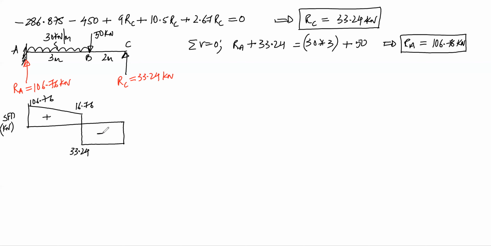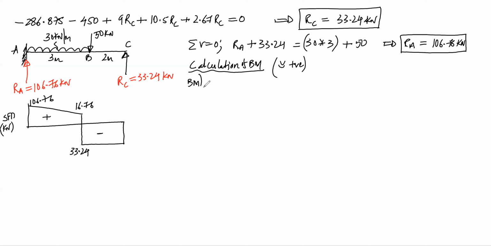And to draw the bending moment diagram, we have to calculate bending moments at various points. And here the sign convention which we will use is sagging bending moments are positive. So we know at prop the bending moment will be 0.